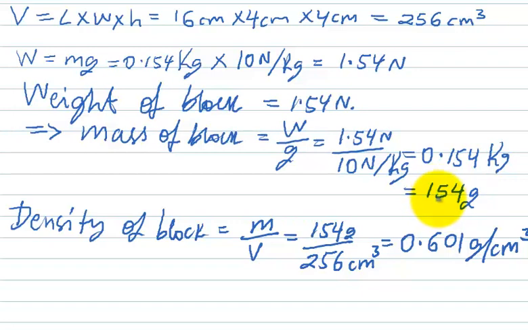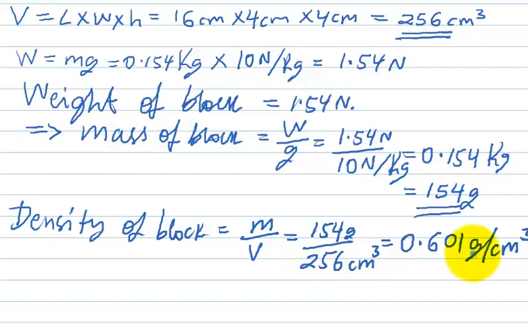Now we have the two physical quantities that we were looking for, its mass and its volume. So we quickly go ahead and divide the mass of the block by its volume to get its density. Of course, we can go ahead and convert this density into kilograms per meters cubed if we so wish.